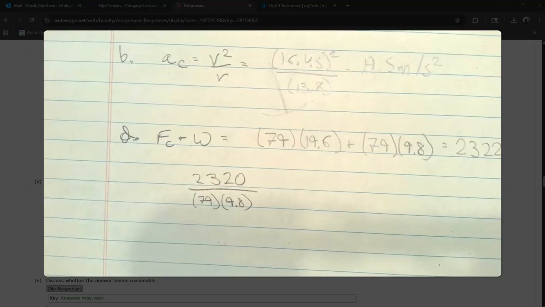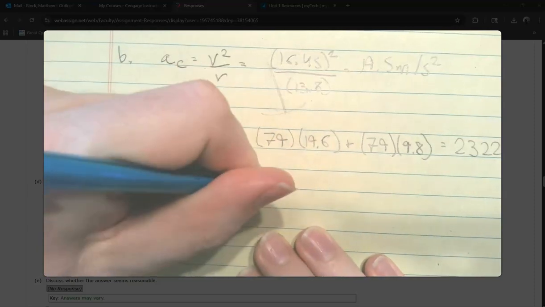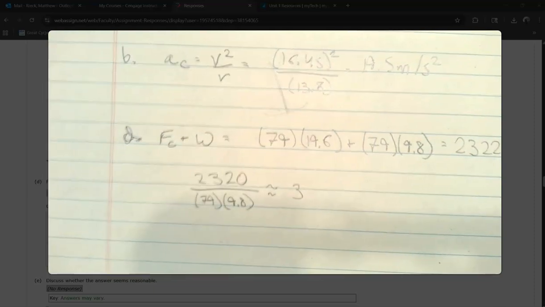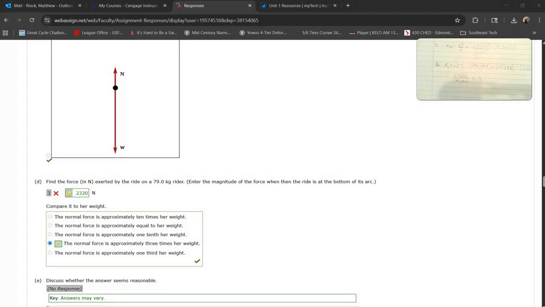So 2320 divided by 79 times 9.8. End up with 2.99, which they approximate to 3. So we have 3 times their weight there. Which is why you do feel heavier on these rides as it goes down there.